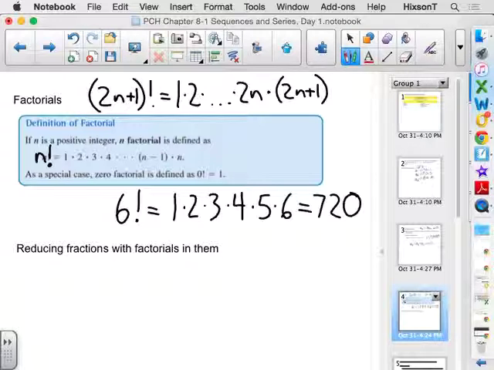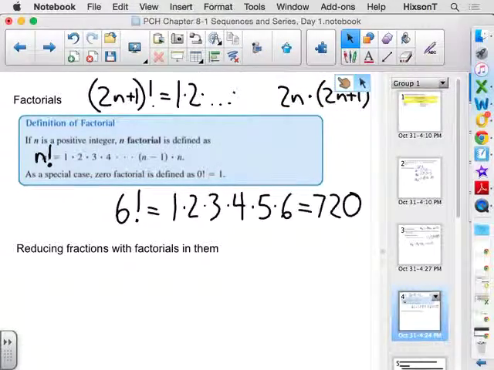Well, no. Actually, the term previous to this one would be 2n minus 1. And the one before that would be 2n minus 2, 2n minus 3, 2n minus 4, until we got down to the 1. Okay?